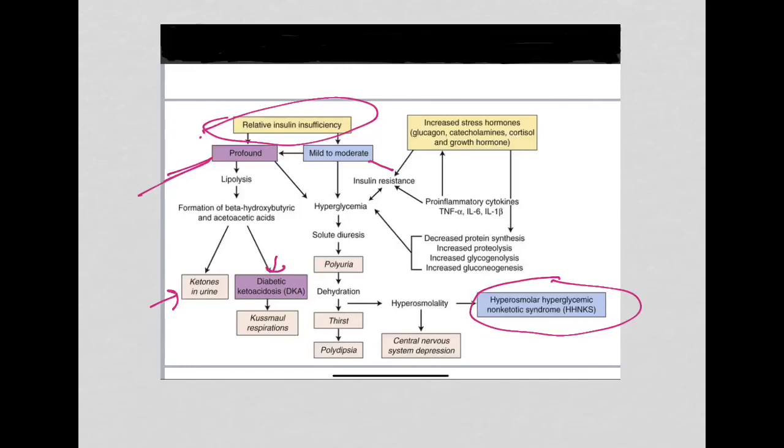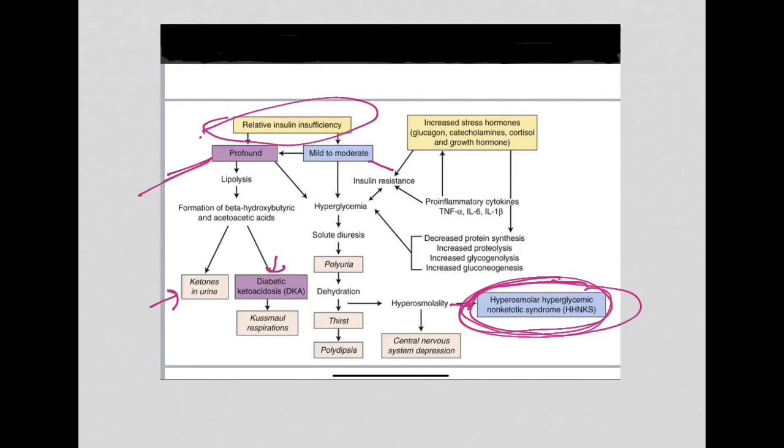Although the hyperosmolarity itself can also decrease lipolysis, for the most part, you're not spilling ketones and your pH is relatively normal. But remember, you are dealing with hyperosmolality, so you're going to have severe electrolyte abnormalities and hypotension.